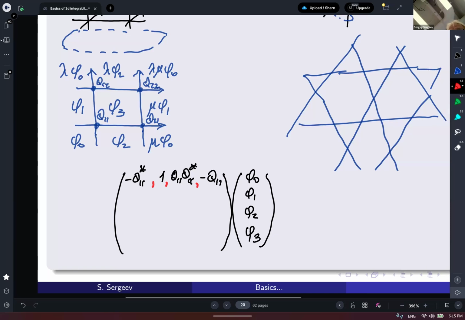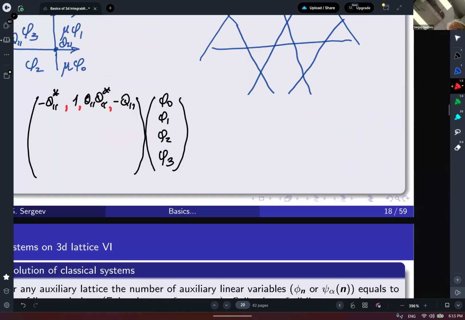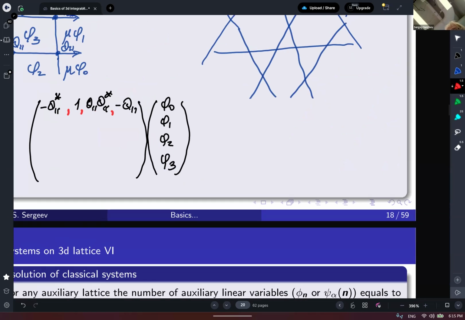And in general, set of all linear relations can be written in a form, some matrix, huge matrix, whose size is the size of your auxiliary plane. Matrix depends on lambda, mu.